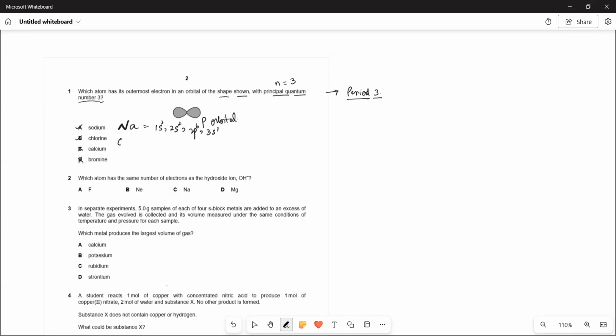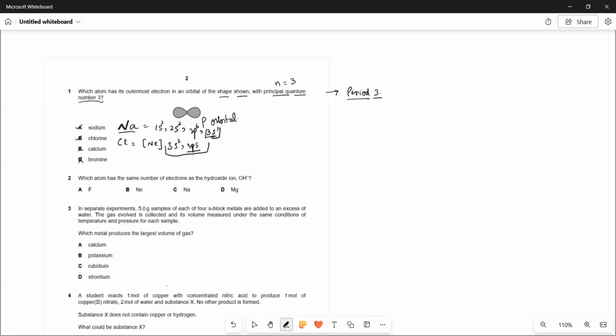And chlorine has the configuration of neon with 10 electrons, and then 3s2 and 3p5. So the outermost shell of chlorine has a p orbital with electrons, while sodium's outermost energy level is third, but an s orbital. So they are saying the p orbital has electrons.